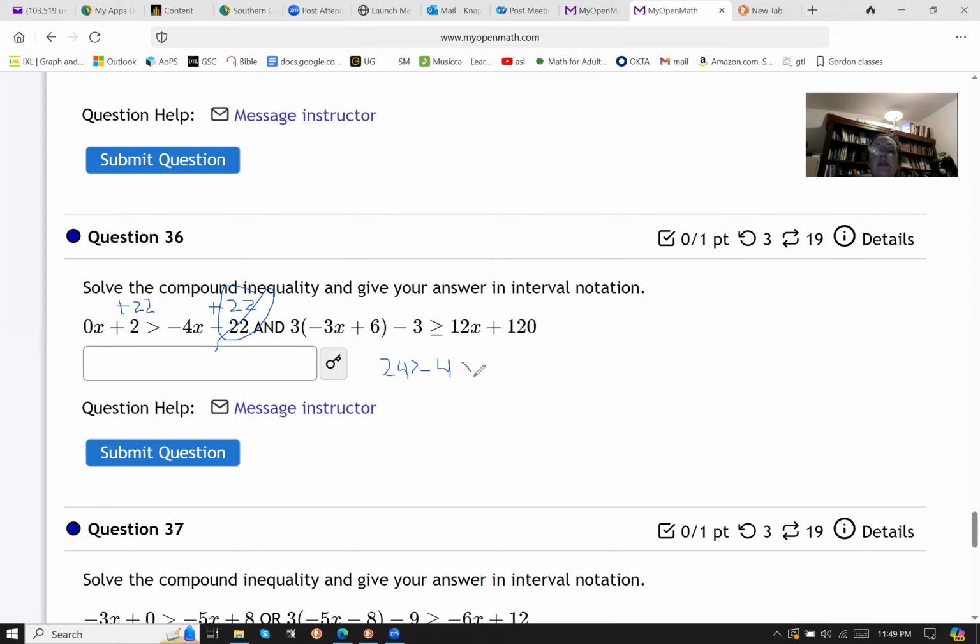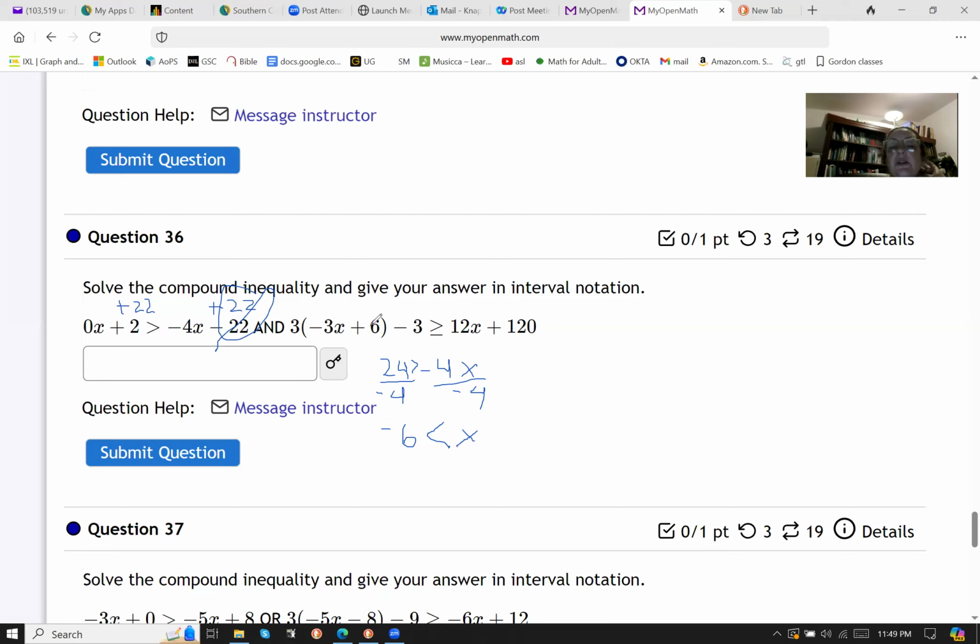When dividing both sides by a negative, we reverse the inequality symbol. So this will say x, instead of being less than, we're going to turn it into greater than negative 6.